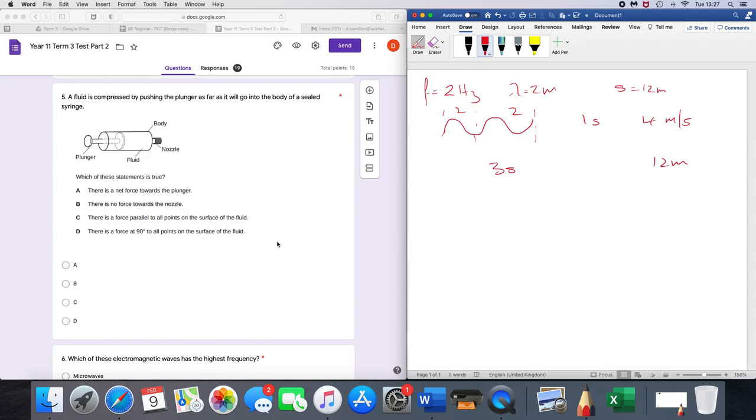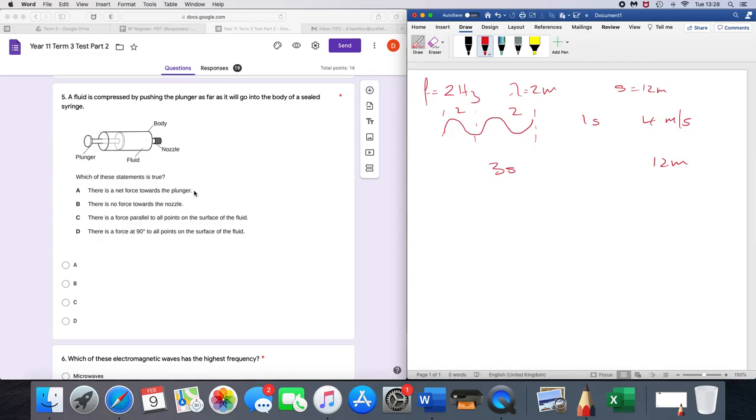There is a force at 90 degrees to all points on the surface of the fluid. Well, this is about fluids being incompressible, or liquids being incompressible, strictly speaking. So, if there was a net force, then the plunger would still be moving. It would be accelerating if there was a net force.